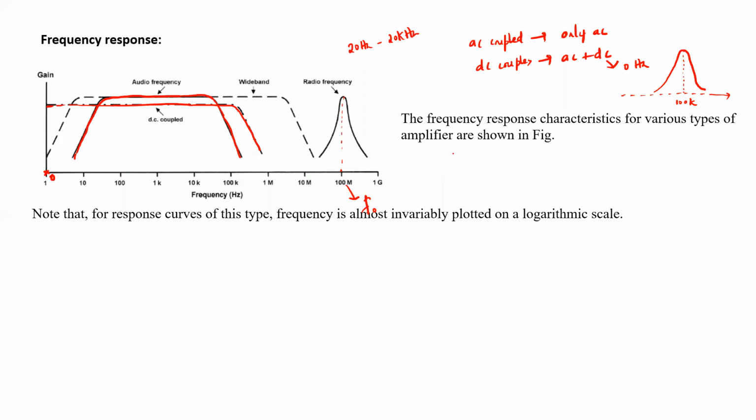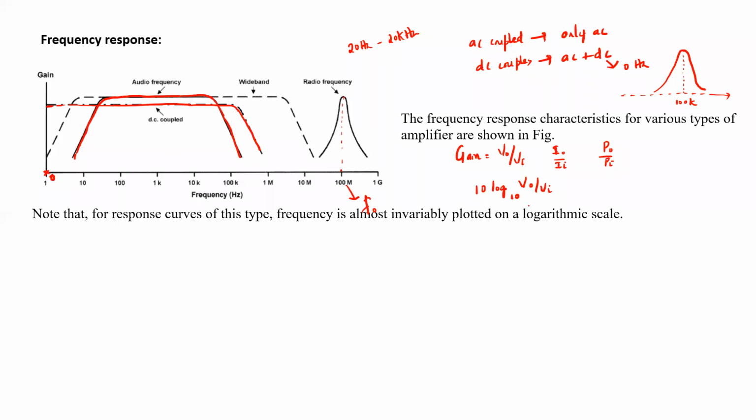Let me just show you. Since this is voltage gain, it is V naught by Vi, or if it is current gain, it is I naught by Ii, or if it is power gain, it is P naught by Pi. Whatever the gain is, we can plot it, but instead of plotting this, we plot this: we plot 10 log V naught by Vi to base 10.